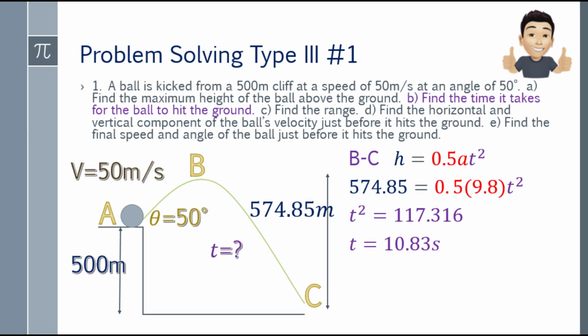Alright, so let's substitute the values. 574.85 kasi tinan mo yung B to C, yung height nun, that's 500 plus 74.85. Is equal to 0.5 times mo ng 9.8 times mo ng t square. Again, ginamit ko yung positive value kasi time ang hinahanap natin. So I don't want a negative value in time. So t square is equal to 117.316 and t is equal to 10.83 seconds.